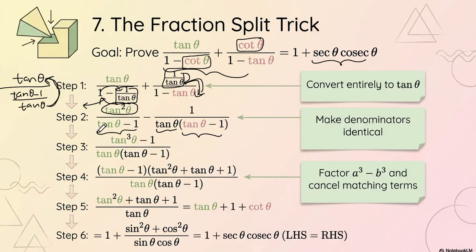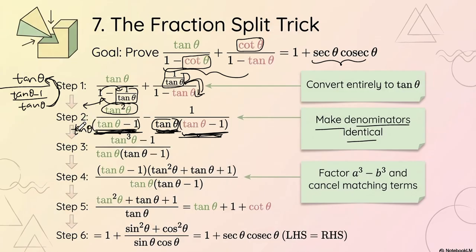Now look at the denominator of both the terms. Here it is tan theta minus 1, here it is tan theta minus 1 into tan theta. So one extra tan theta is there here. We have to make the denominators identical, that means the same denominator, to solve easily. In the first term, one tan theta is not there, so we'll multiply and divide by one tan theta extra.